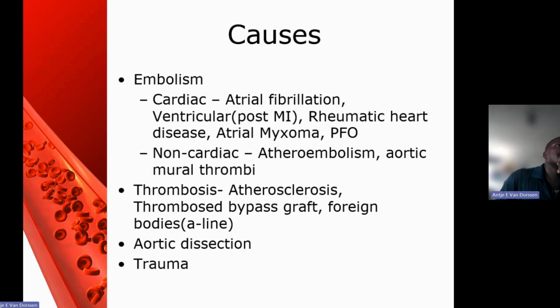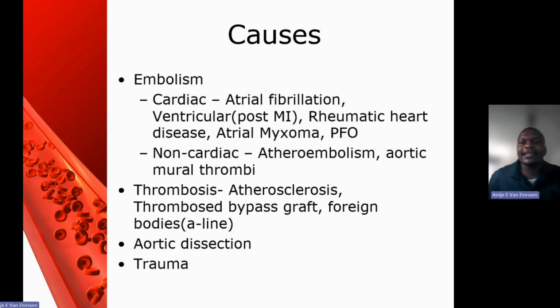And there are non-cardiac causes as well, such as atheroembolism and aortic mural thrombi. There are also thrombotic causes such as atherosclerosis, which is the big one that we really deal with. Foreign bodies are usually in ICU.